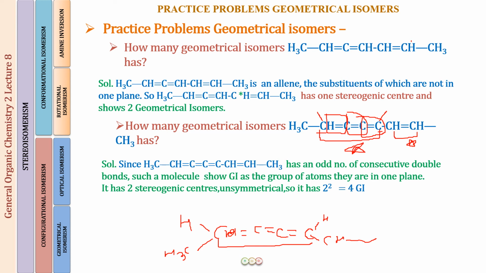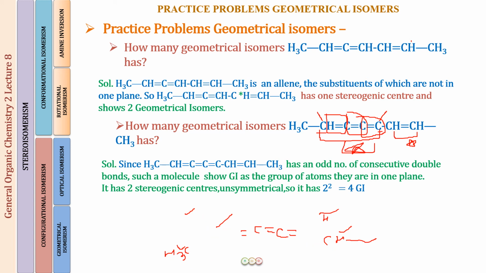And you can say that these carbons at the end of this big continuous double bond have a hydrogen and a CH3, different groups, and now they are in one plane. And because they are in one plane, well, this is going to show geometrical isomerism as one unit. All right, it is not going to be three double bonds, three structures that are going to show different geometrical isomerism. They are going to behave as one stereogenic center.